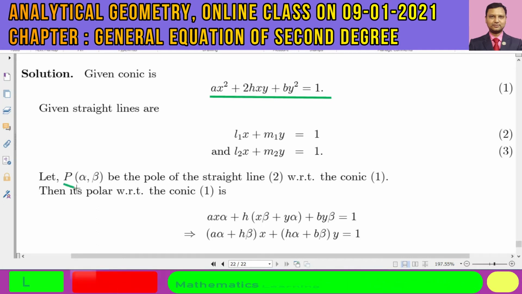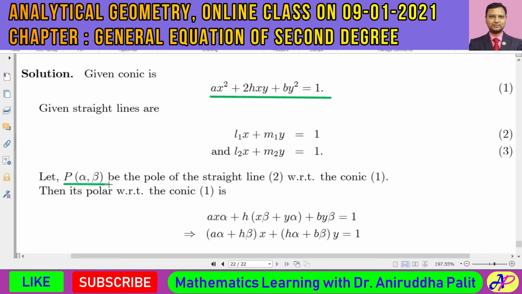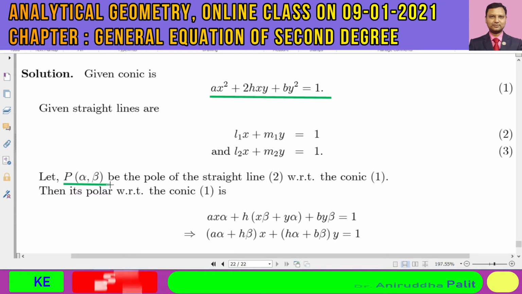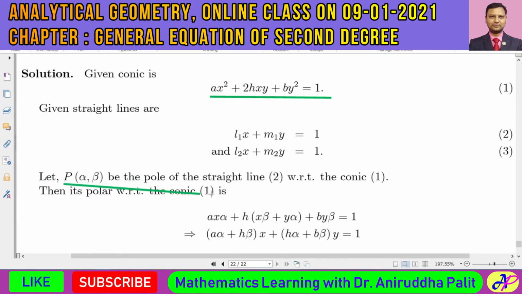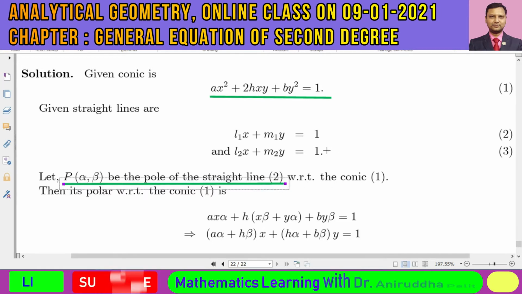So we start with a point P, alpha comma beta, and suppose that this point P is the pole of the straight line number 2.